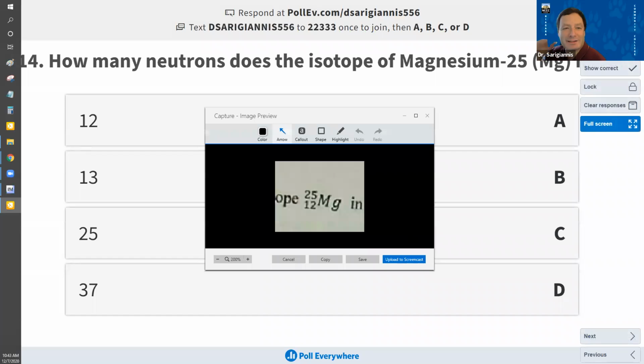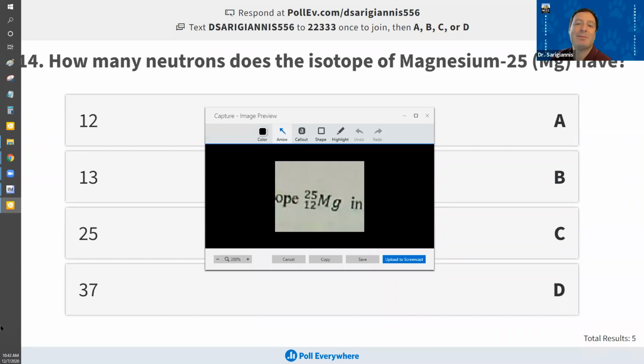Let me pull up the magnesium isotope. How many neutrons does this isotope of magnesium have? Magnesium 25. So that's how it's written, 25 and the 12 and then magnesium. How many neutrons does this isotope have?